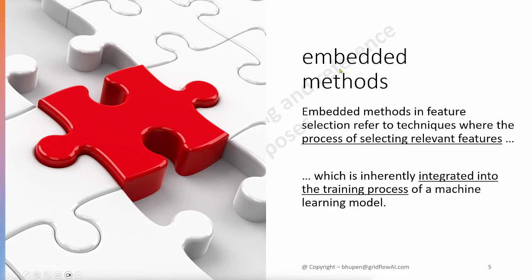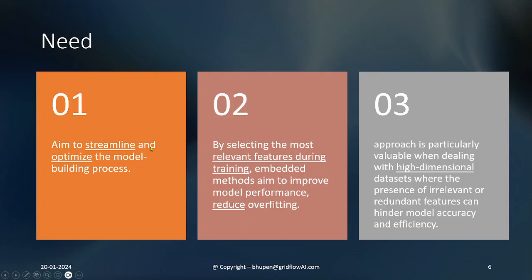So what is the meaning of embedded method? Embedded methods are nothing but a process of selecting useful columns during the training process of the machine learning model. That's pretty unique about embedded method. So why do we need it?